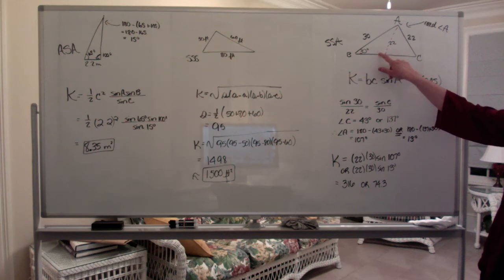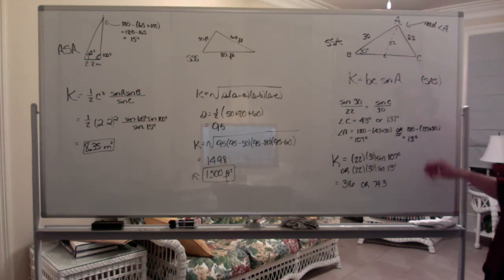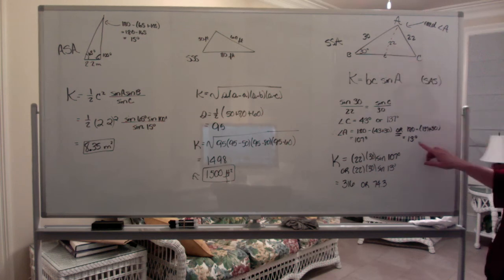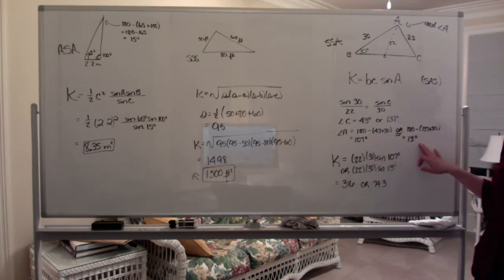What if C is this angle right here? Well, that's going to change my value of A. A would be 180 minus the sum of 137 and 30, or it would be a little 13 degrees. So A could be obtuse, or it could be acute right here.